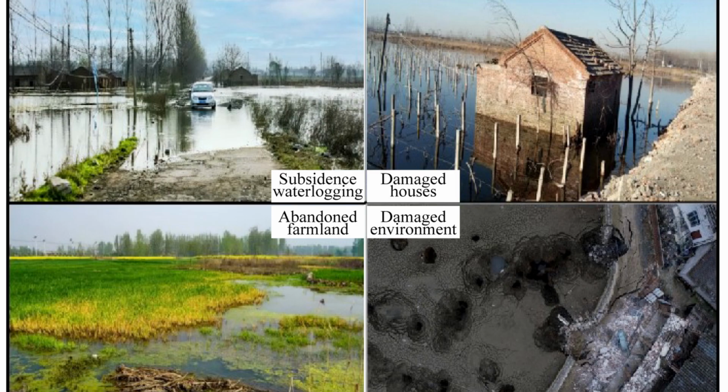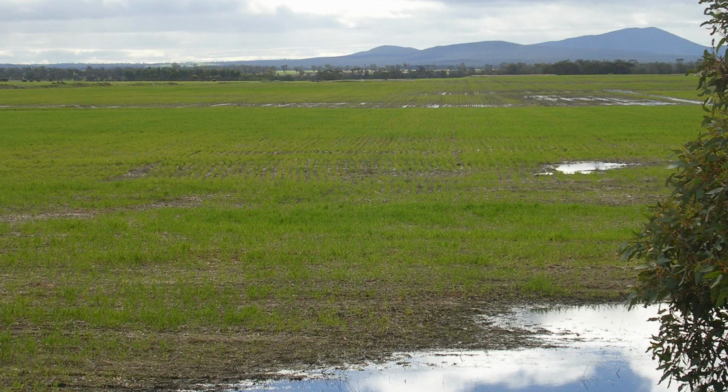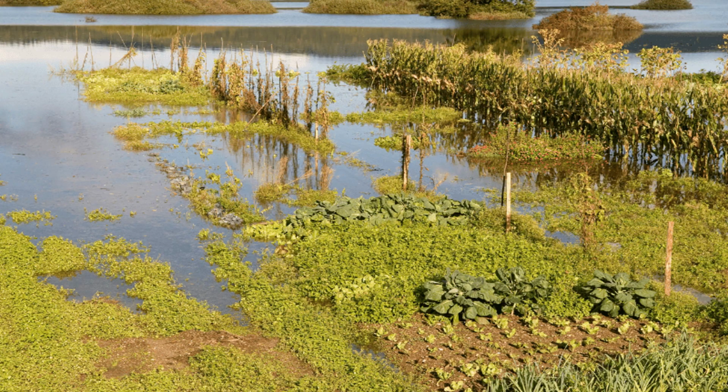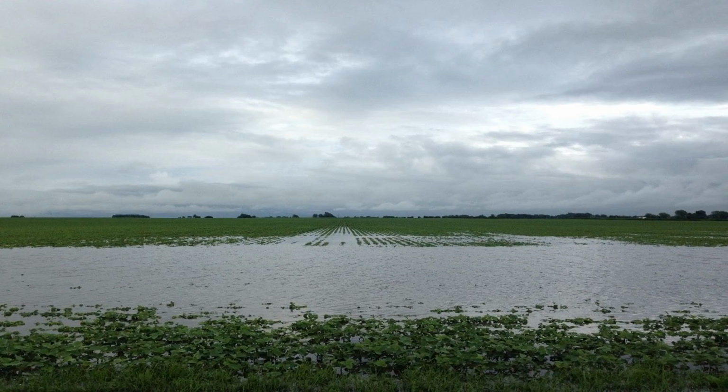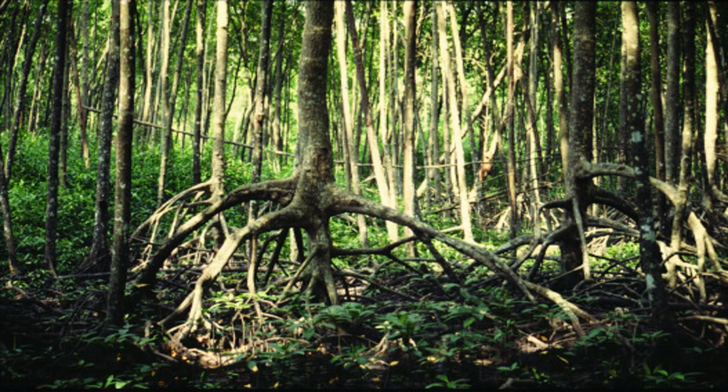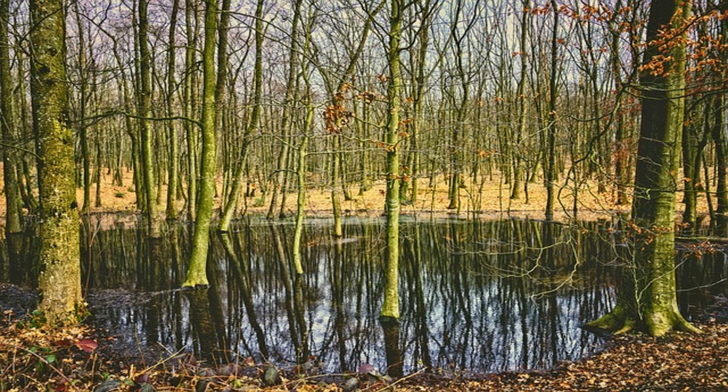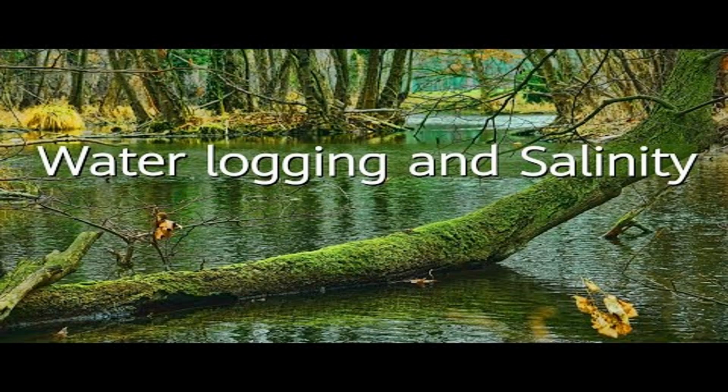A waterlogged environment, leading to the formation of swamps, can be caused by various factors. Excessive rainfall is one of the primary causes, especially in regions with high levels of precipitation. When rainfall is abundant, the soil becomes saturated with water, and if the rate of evaporation or water output is low, it results in waterlogging. River flooding is another significant factor, particularly in areas near rivers or floodplains.